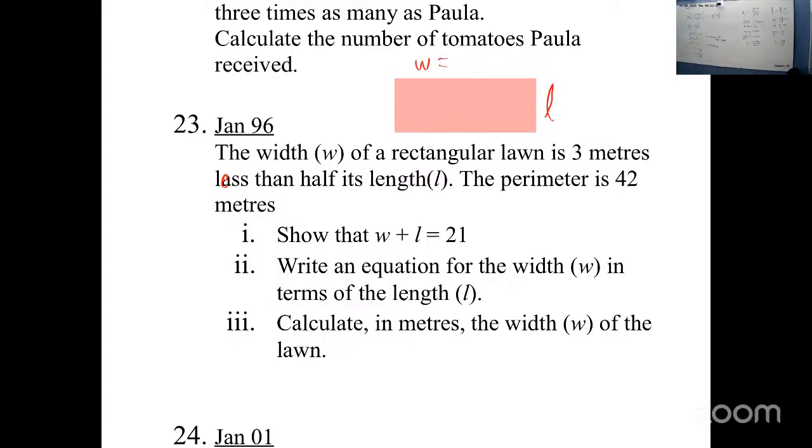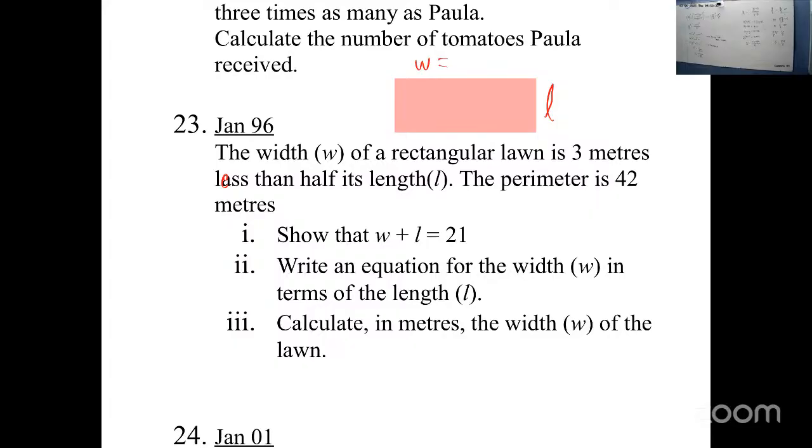Vishish, how do you write the width? W is what? The width of the lawn is 3 meters less than half its length.